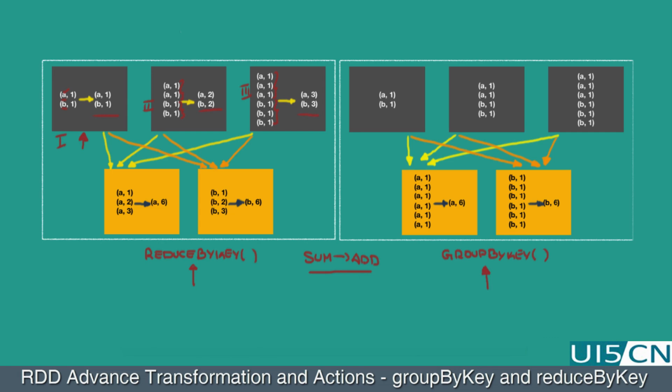Now what is going to happen next is that based on the key, we are going to club together from each partition. So in one partition, I will be taking all of the A, and in the other partition, I will be taking all of the B. From the first partition, I got A, 1, second partition A, 2, the third partition A, 3, where A is a common key between all of these values.